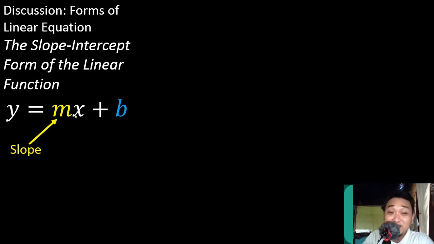So madali lang pag-identify ng slope, yun yung nagiging katabi-lagi ni x. Yung pinaka-constant natin, yung 150, yun yung pinaka-y-intercept natin. Pag sinabi kasing y-intercept, doon nag-i-intersect yung line sa y-axis.